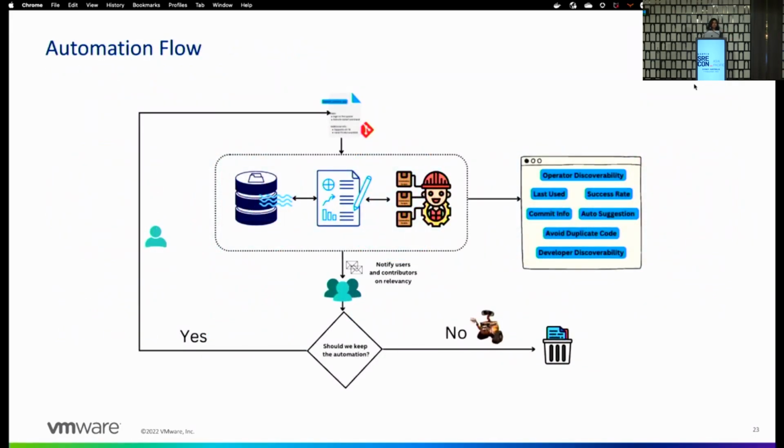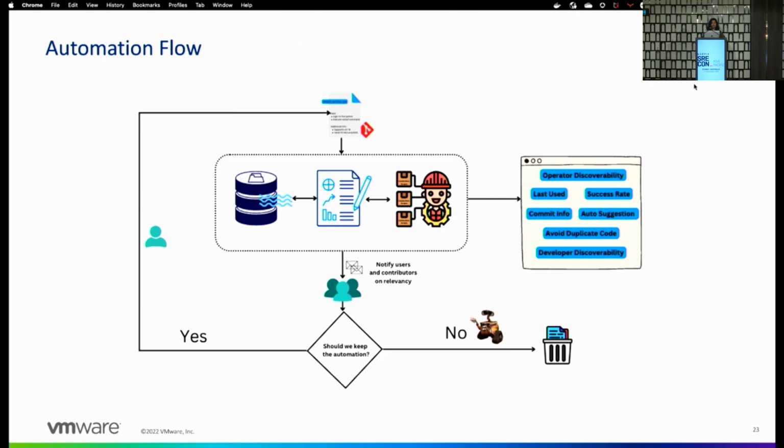Now, this is the design that we have in place. Here, when the automation script enters the automation platform, all the static data that is related to its commit is consumed in the data lake. And not just that, the data lake will have the data from various other sources.